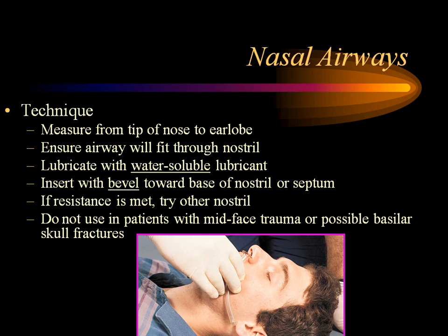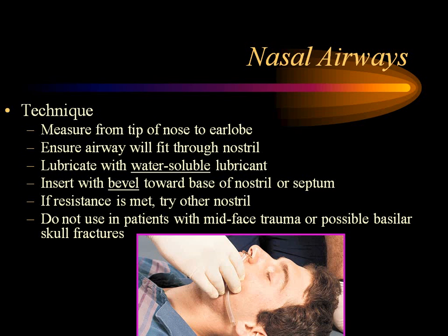So, like this one, for instance, you can see the bevel's on the other side. If he was to go into this nare, you see how it's curved? This is not the way it's going to go. Whenever you start to feed it in, you'll feel resistance. It's going to go right here, and it's going to stop. What you'll do is take it and turn it 180 degrees, and then go down.